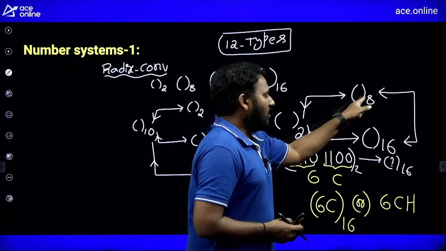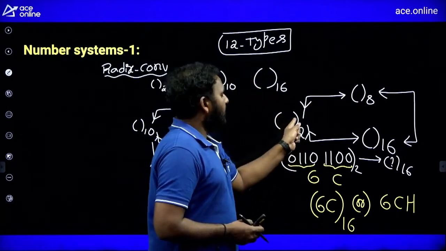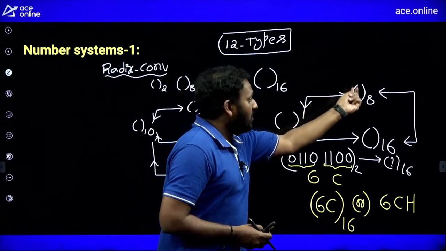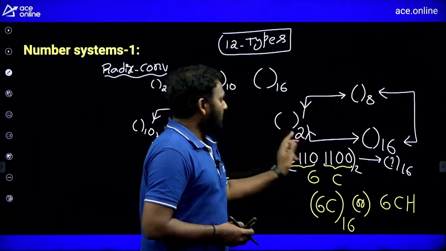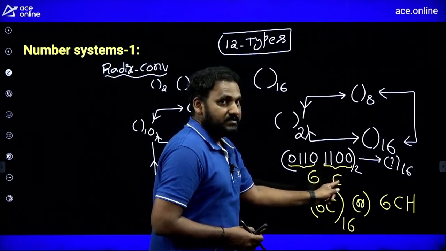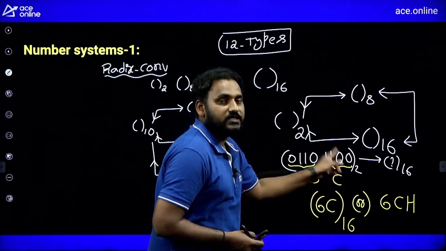First you go from octal to binary. How, sir? Binary to octal, we are grouping 3 bits into 1 digit. Reverse, 1 digit should be ungrouped into 3 bits. Here, binary to hexa, 4 bits you are grouping into a single digit. Reverse, a single digit should be ungrouped into 4 bits in binary.